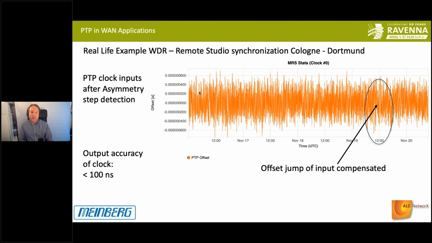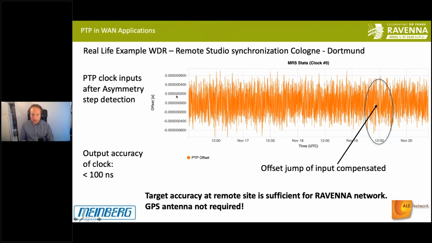And even with incoming values of plus minus 500 nanoseconds, you could end up with an output accuracy of better than 100 nanoseconds due to the high quality oscillator and the adaptive filtering, which is more than sufficient for the RAVENNA network that was connected to it.